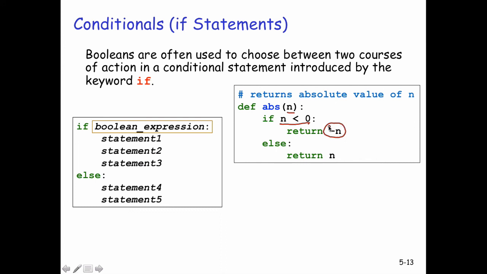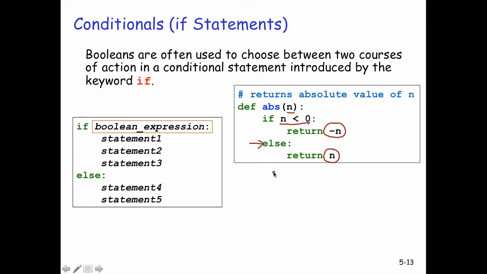So for instance, if we have the number -3, we will negate -3, thereby making it positive, and return a 3. The else clause here will be reached in the case where n is greater than or equal to 0, and in that case we just return the number n unchanged. So this is an example where we have an if statement that has an else clause.